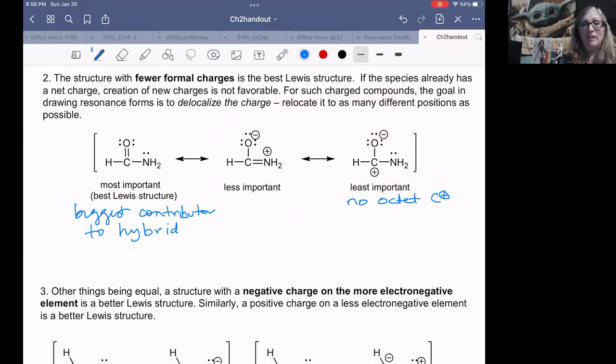Now let's get a little more practice with our curved arrows. How can we show how the first structure got converted into the second structure? Do you see the difference in the electrons? This lone pair is gone, and where is it? It's now moved over to become a pi bond between the carbon and nitrogen.